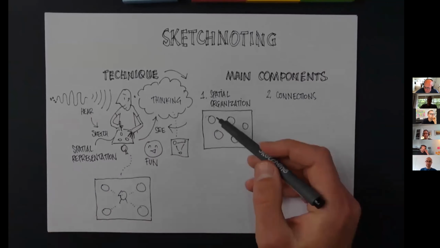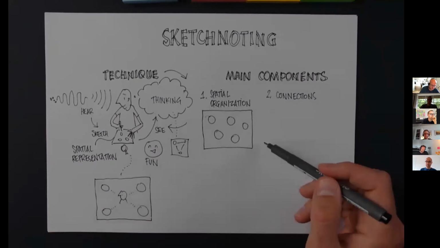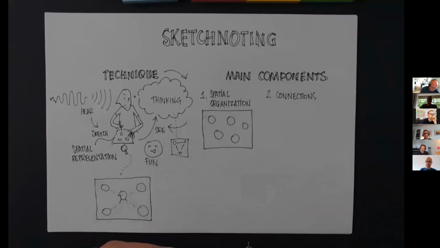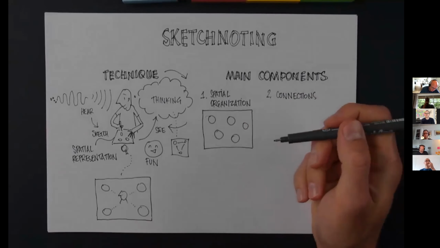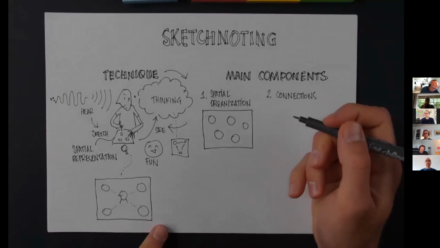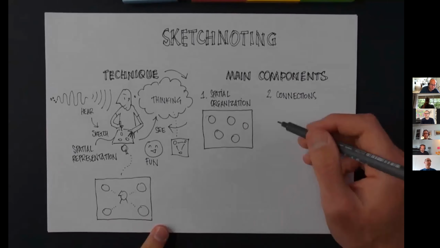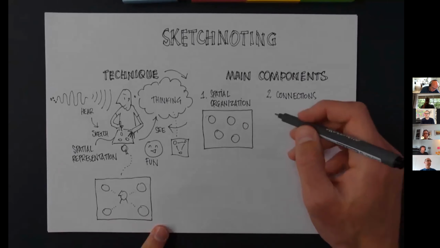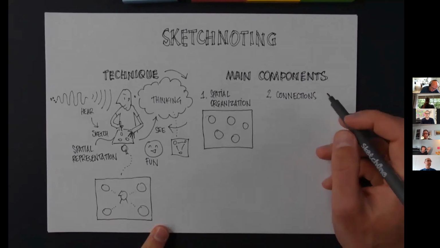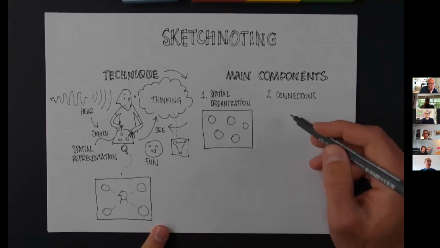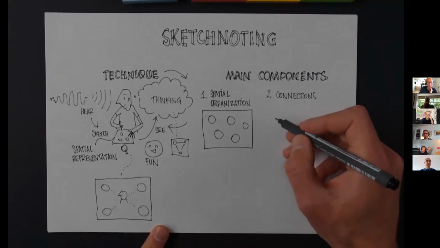So if you place stuff on a piece of paper, our brain will start thinking in terms of patterns, trying to understand, okay, how do these relate to each other? Which parts are more important? And you can help it by either explicitly or implicitly suggesting connections. So there can be an implicit way of connecting things.